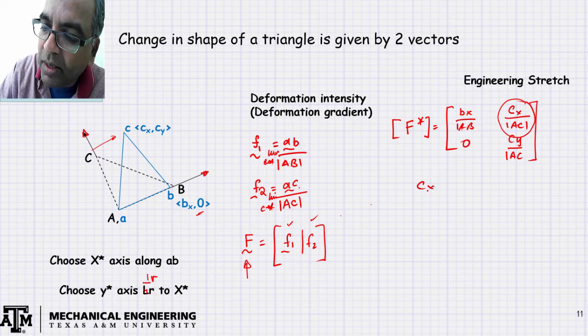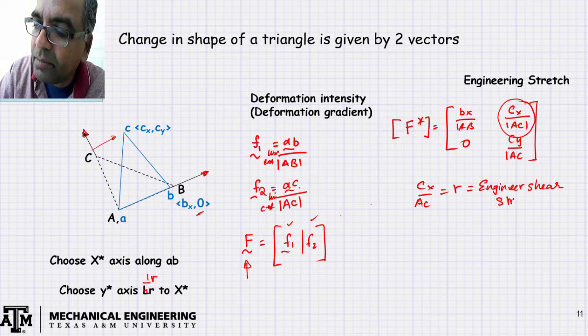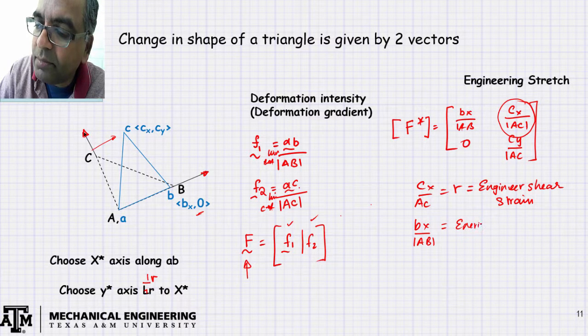So Cx over AC is called gamma, and that's usually called engineering shear strain. Bx over AB is called engineering axial strain.